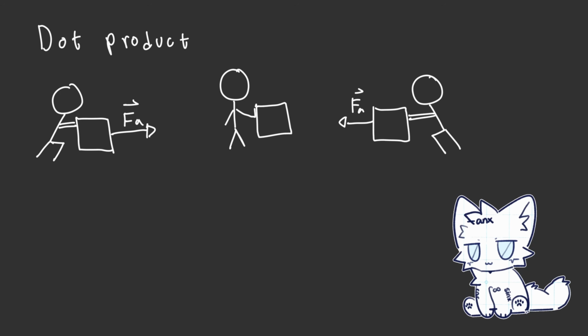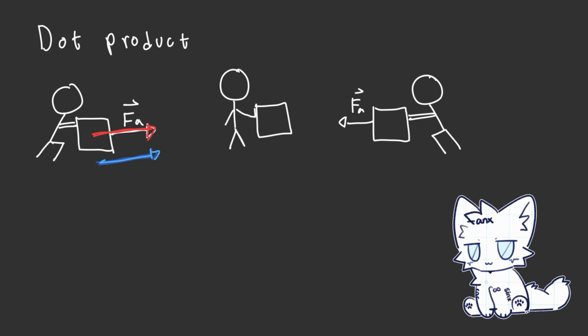So, let's say a person is pushing a box. Let's see this example on the left. You can see that person is producing the vector F, force applied, and then that box will move a distance in this direction.